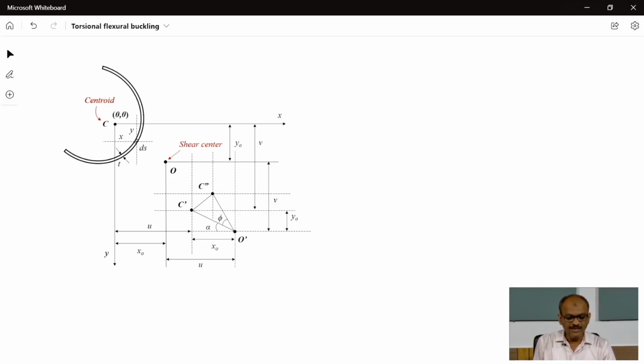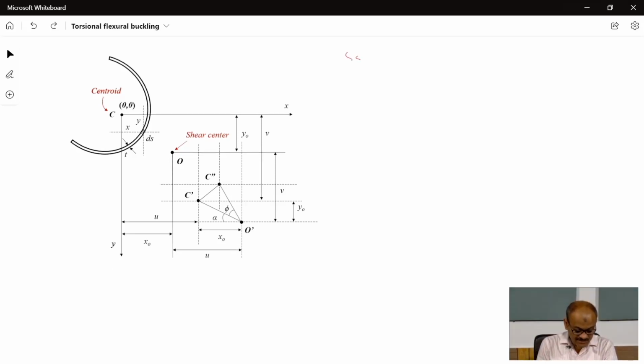We had already derived the governing differential equation for non-uniform torsion, which involves both uniform torsion as well as non-uniform torsion.